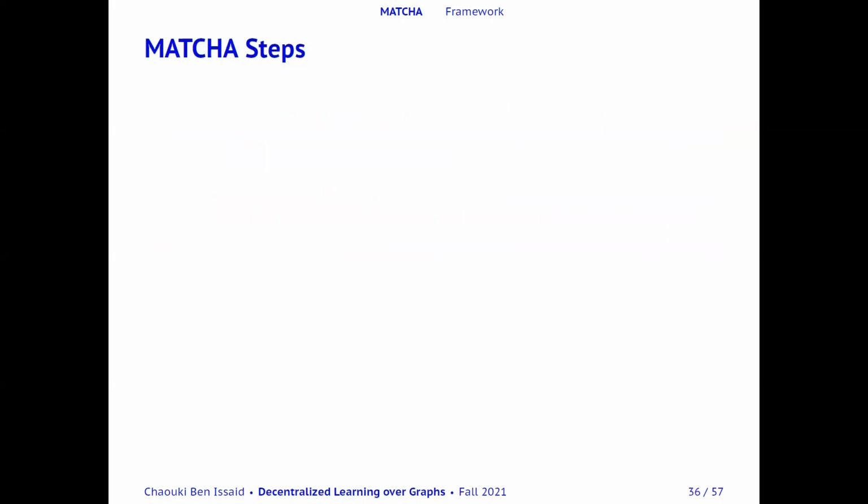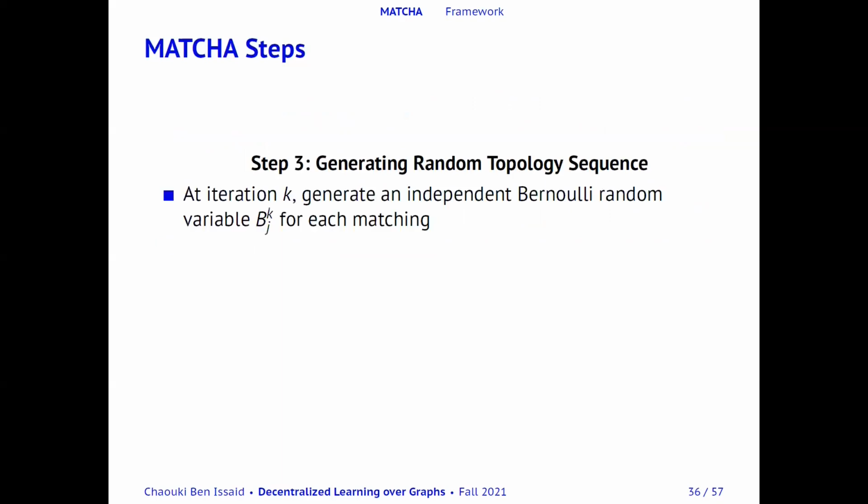The third step is to generate the random topology sequence. Given the activation probabilities determined by solving the previous optimization problem, in each iteration we generate an independent Bernoulli random variable b_g^k for each matching.